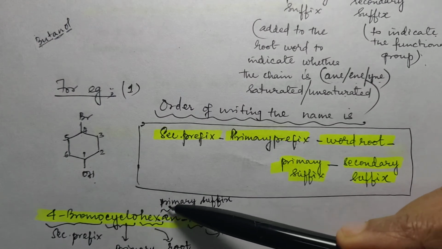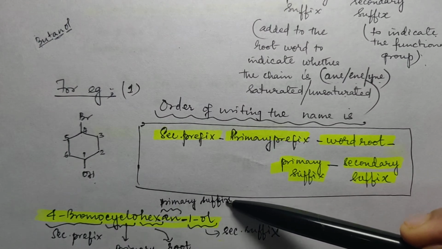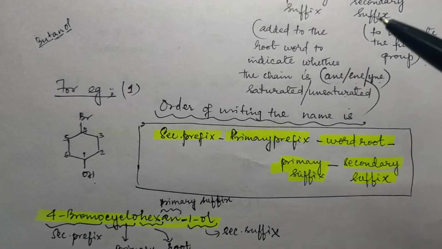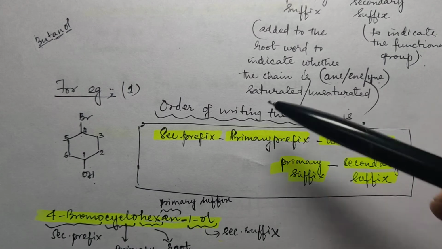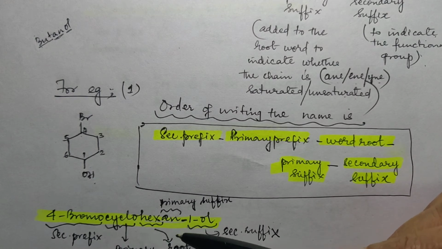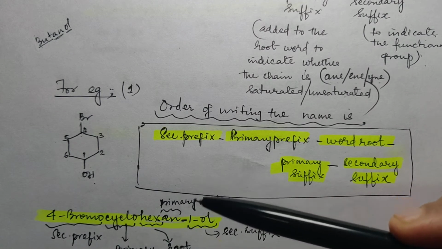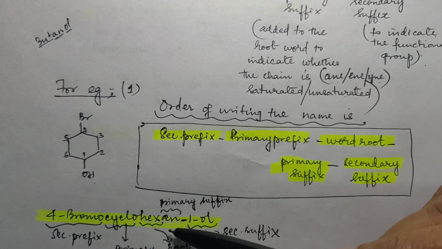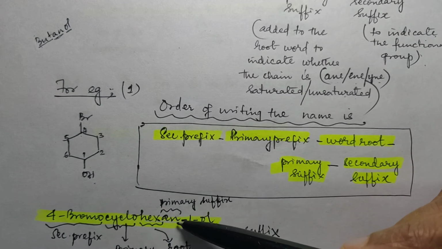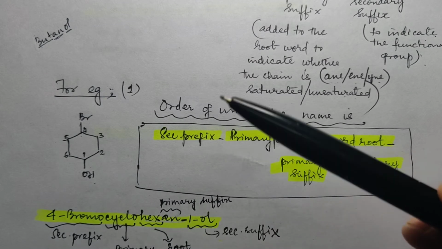What I told you, primary suffix is telling you whether the carbon chain is saturated or unsaturated. So if it is saturated, it will be an. If it is unsaturated, double bond is there, it will be en. If there is a triple bond, it will be yn. ठीक है. तो primary suffix आपका ane आना चाहिए, पर यहाँ पे हम an लिखेंगे. क्यों an लिखेंगे?